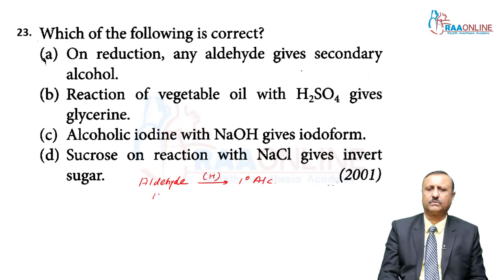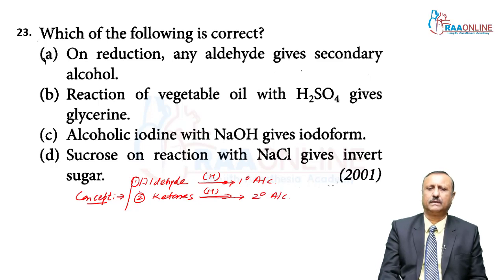This is the concept. When an aldehyde is reduced by any reducing agent, you get a primary alcohol. When ketones are reduced by any reducing agent, my dear students, you get a secondary alcohol.